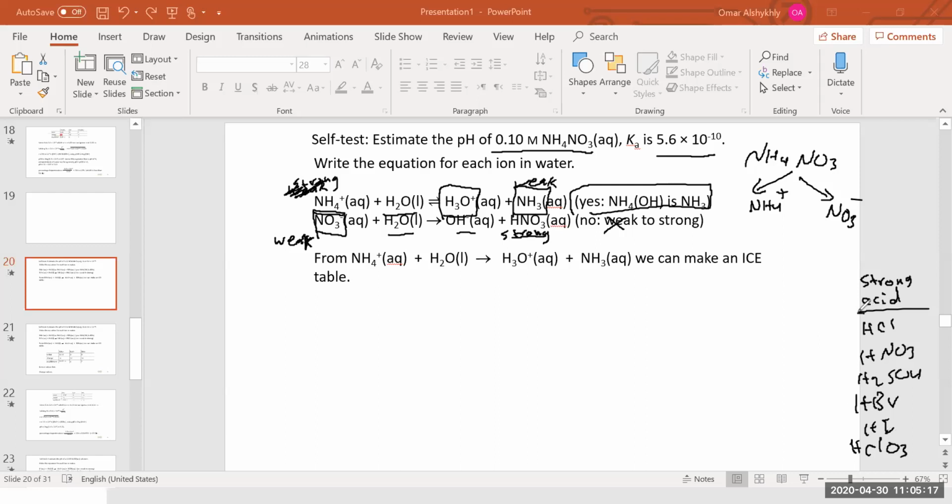These strong acids give weak conjugate bases.